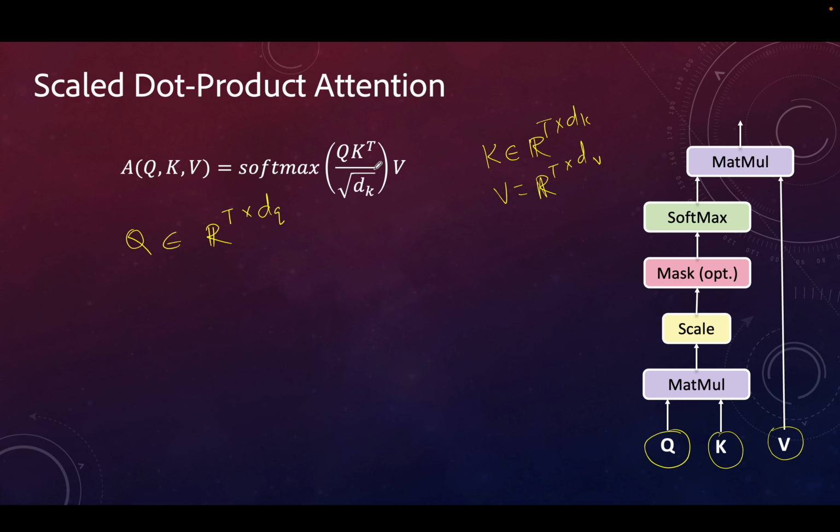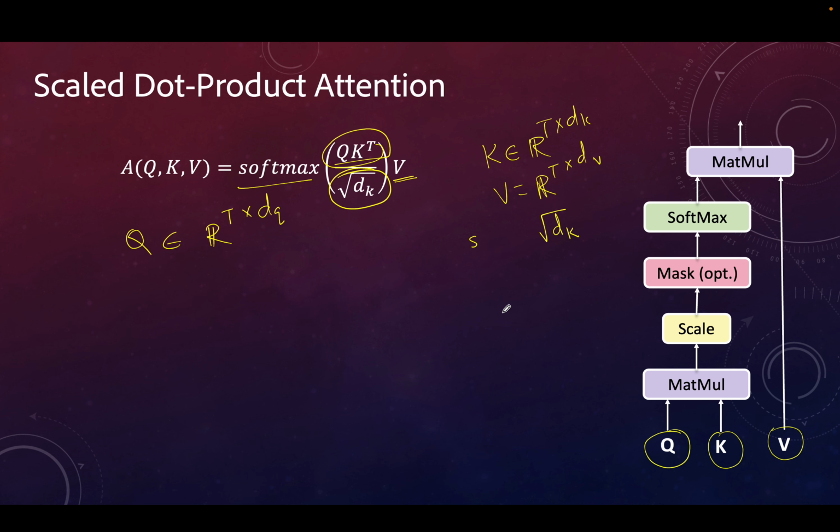And now we are doing softmax of QK transpose times V. But before taking the softmax, we are scaling it by dividing it by the square root of dk.